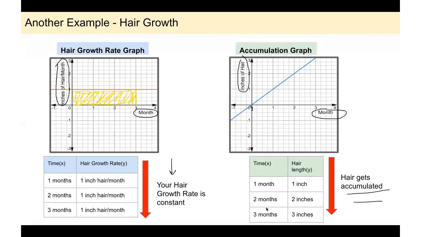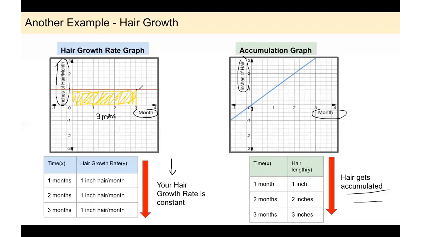Next, we're going to check and verify if this big idea is true here. The base of my rectangle is 3 months. So I'm going to write 3 months. Maybe I'll shorthand it like this, this means months. Our height looks like it's always a constant 1 inch per month.